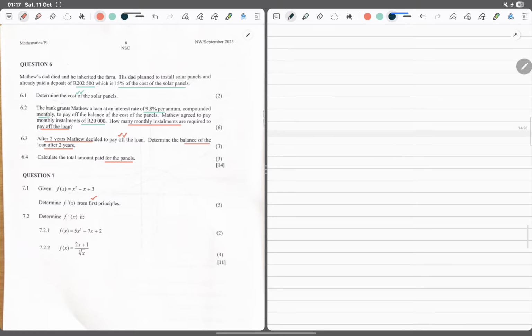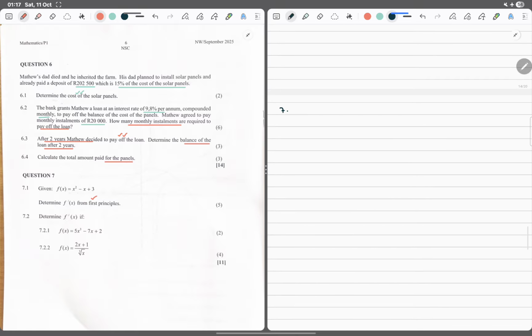All right, let's do 7.2. 7.2 says we need to find the first derivative of these functions. If we look at the first function, this is ready for differentiation, so we just go for it.